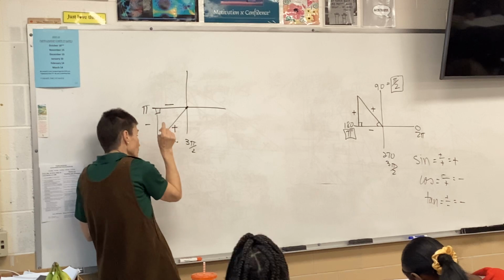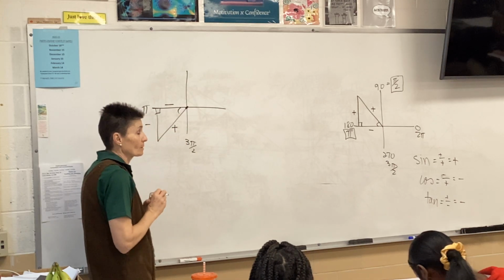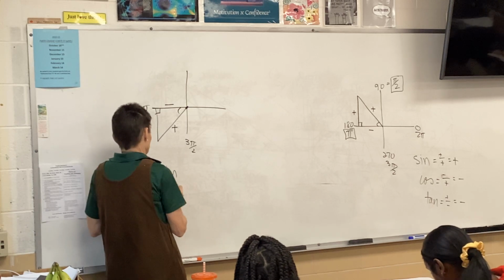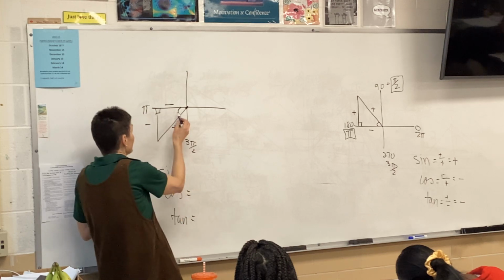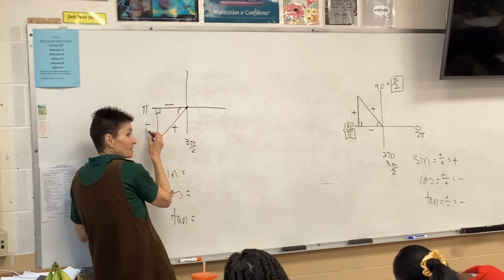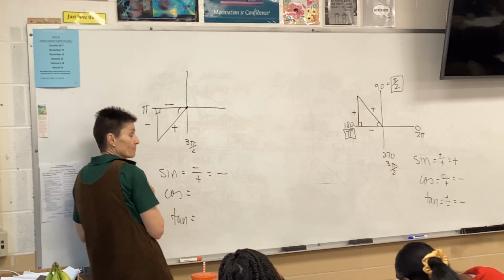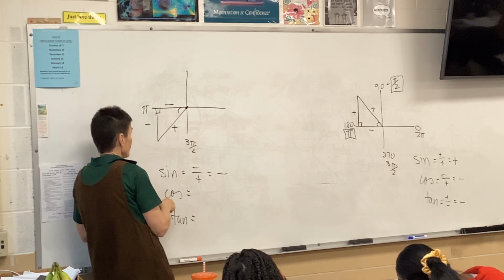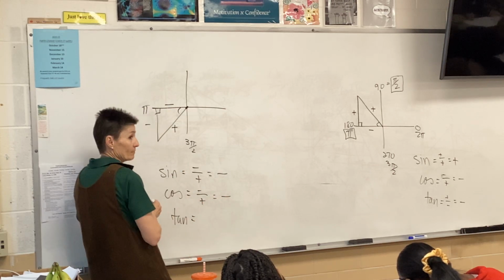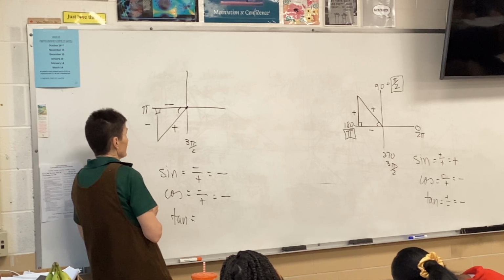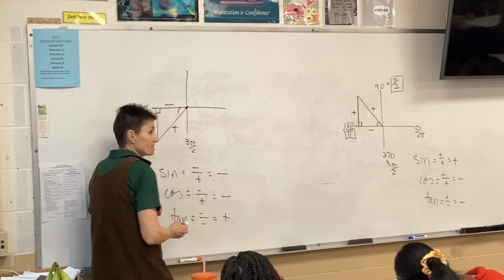That one never ever changes. Hypotenuse is always positive. Here's your angle. Sine, opposite over hypotenuse. Did you get negative? Cosine, adjacent over hypotenuse, another negative. Tangent, opposite over adjacent, it is positive.